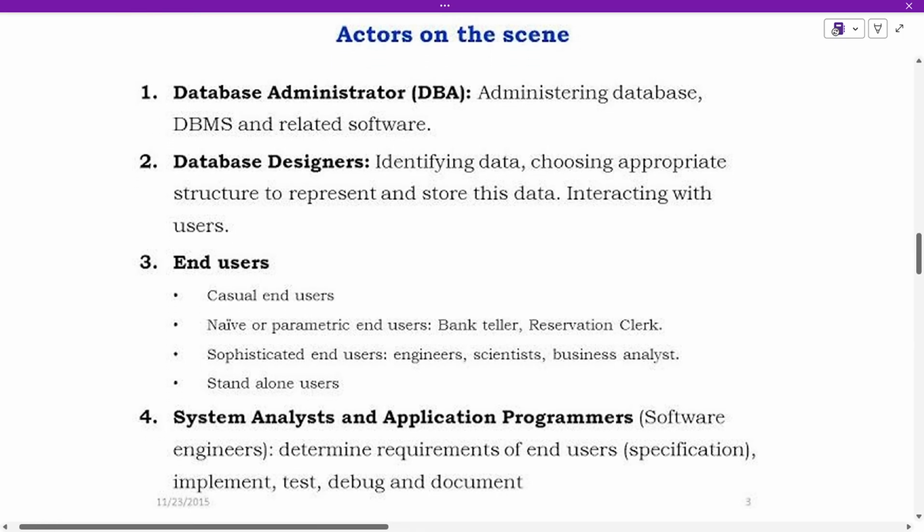One is the database administrator, the most powerful person as far as a database is concerned. He'll be administering all the database requirements, all the ETL pipelines. Everything is managed by the database administrator, and he is responsible for maintaining the database.